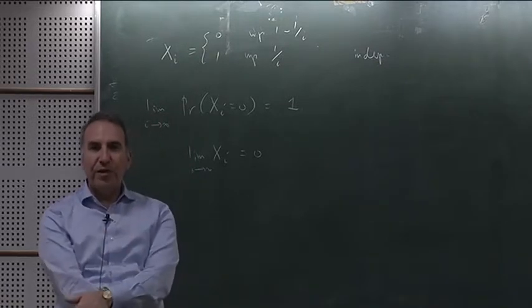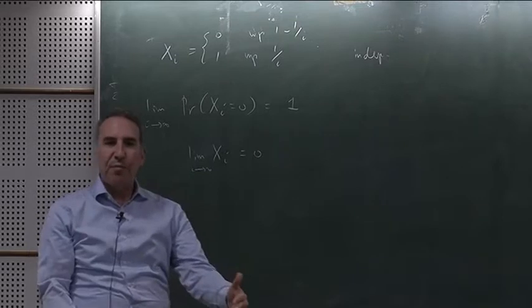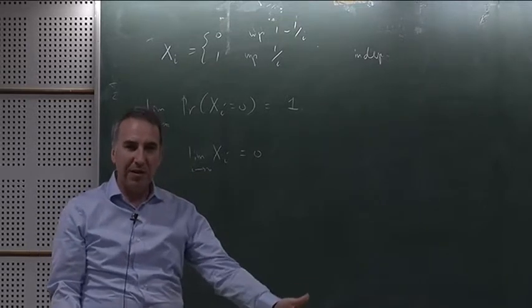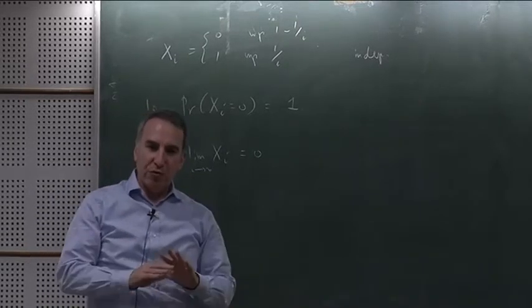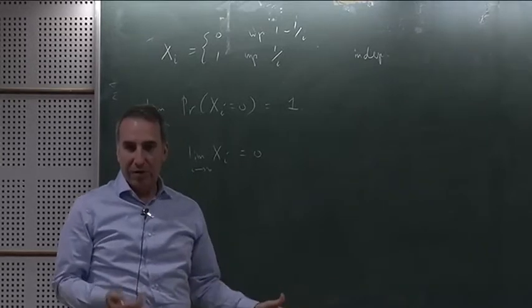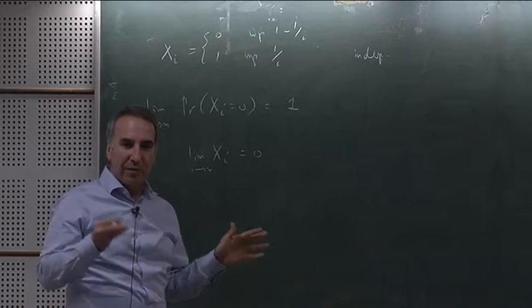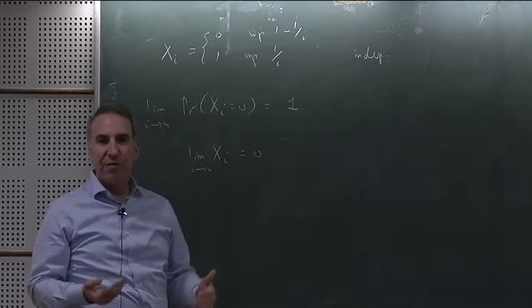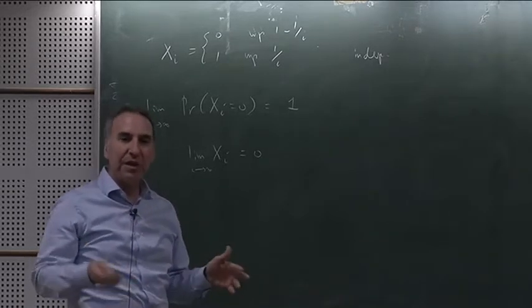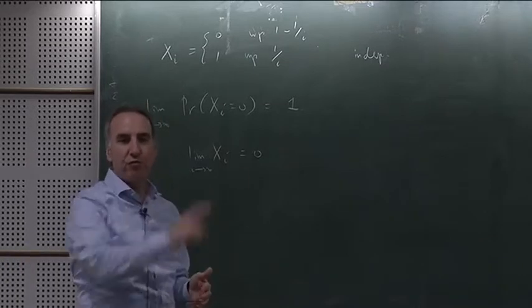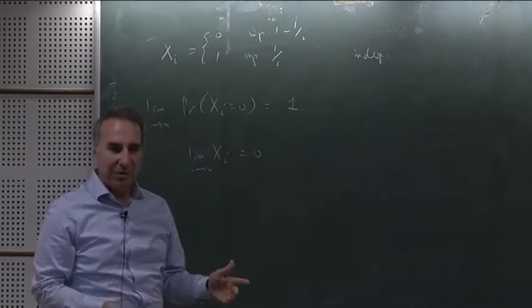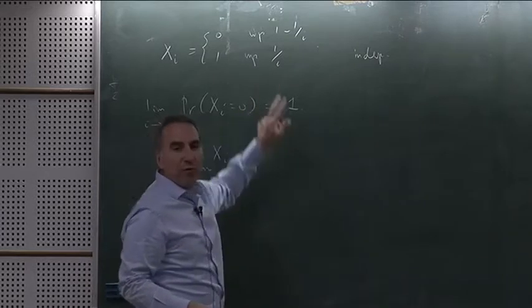For the limit of xi to be 0, there has to come a point, say n, from which onwards you should always encounter zeros and never a 1. But that event has 0 probability. If I give you n, suppose 1,000,000, the probability that after this 1,000,000 everything you choose is going to be 0 is 0, because the summation of 1 over i diverges.